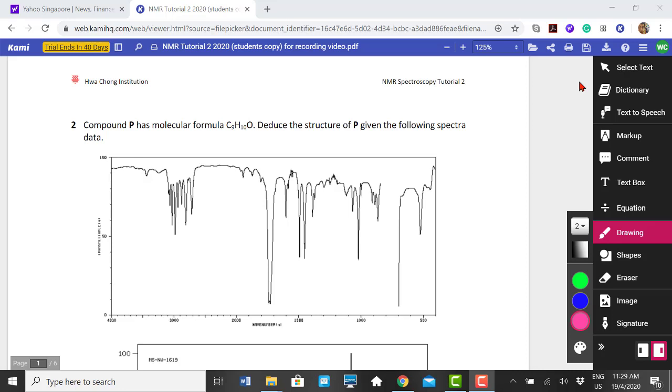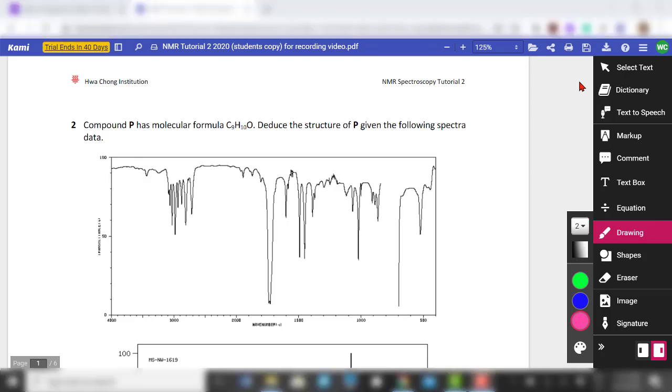Hi students, I will share with you some of the thought processes required to solve structural elucidation questions using the spectra given. Many a time, your seniors often have difficulty getting the structures out.